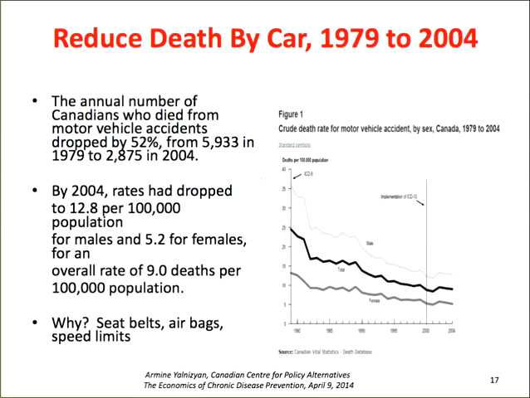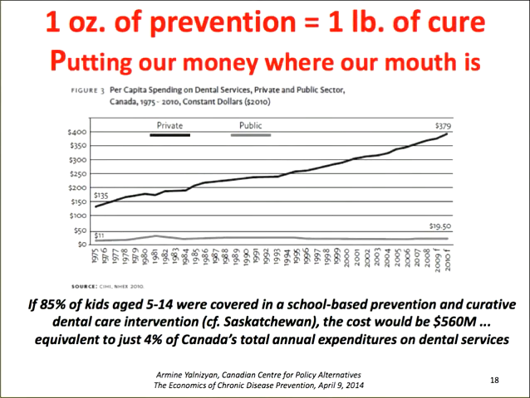Your grandmother was right. An ounce of prevention is worth a pound of cure, and nowhere is this more obvious than in dental care. So I'm showing you a chart here that shows how much we are spending per capita on dental care.